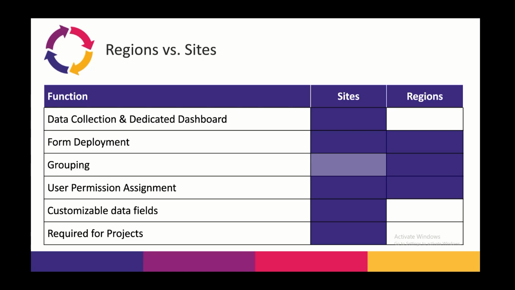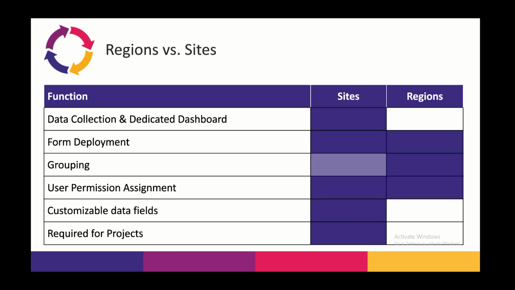Form deployment happens at both levels, and that makes sense for your projects. You might have a cash activity going on in specific regions, so you want to deploy the form, for example the monitoring of cash form, only in those regions. And you'd have the same for sites, right? You might have it for very specific site types. So you could deploy forms based on either of those.